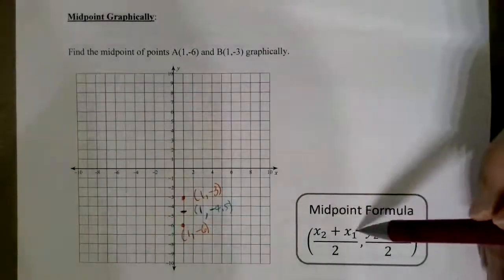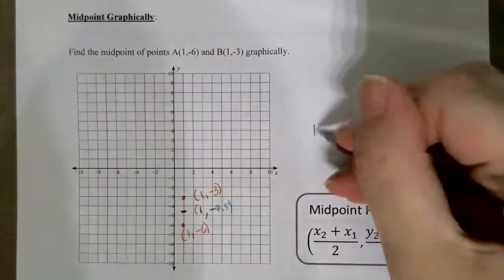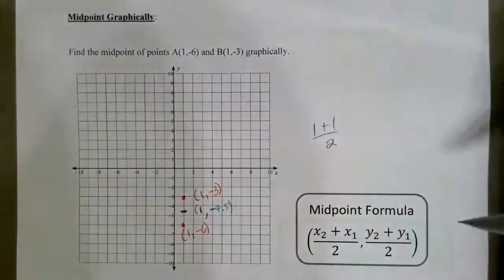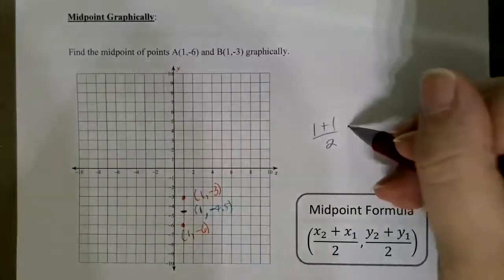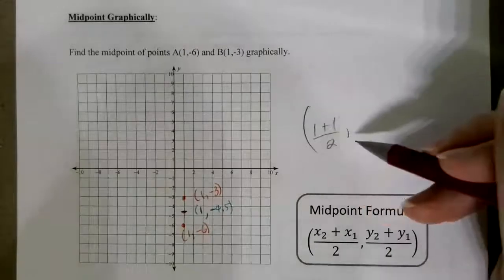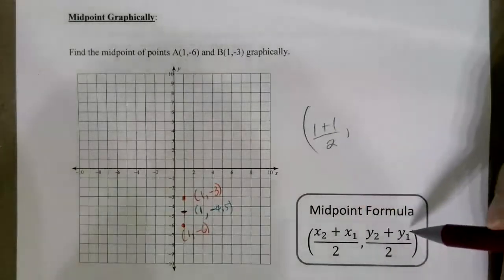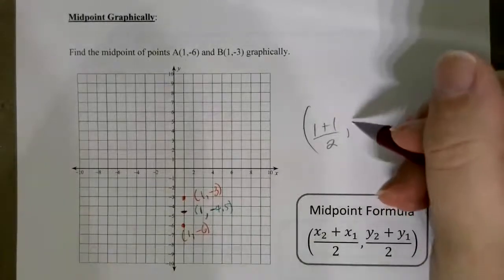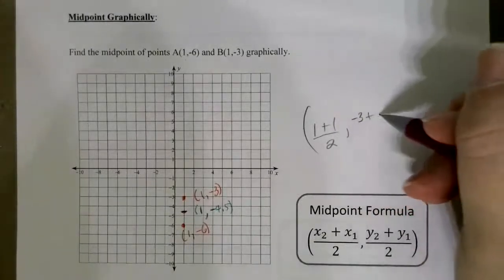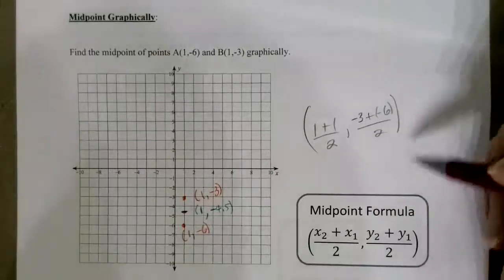So x2 plus x1. So 1 plus 1 over 2, okay? And the midpoint formula is an ordered pair, so you should have a parenthesis and a comma. And then it says y2 plus y1. So y2 is -3 plus -6, always over 2, okay?